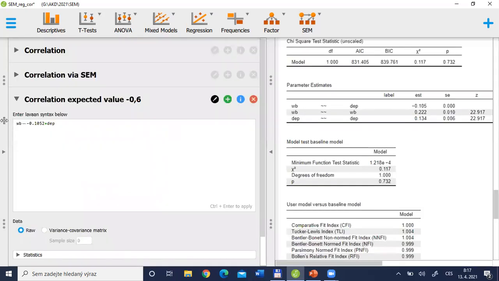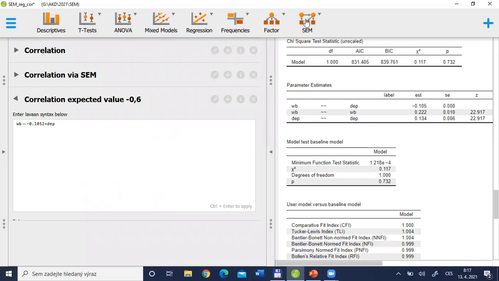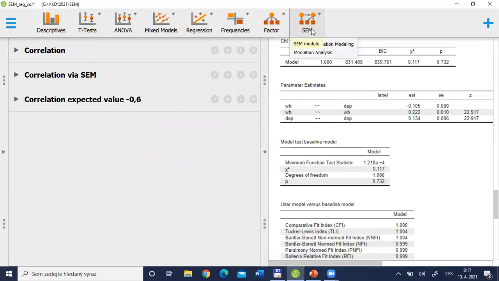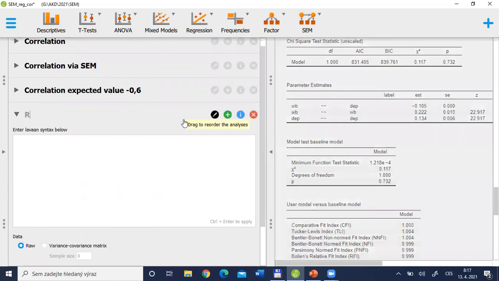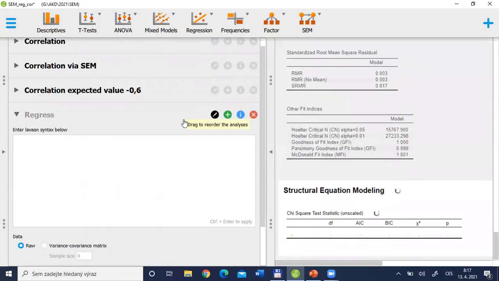First of all, I would go to structural equation models, SEM, and I will slightly change the title. So I'm computing regression, and no fixing is currently available.